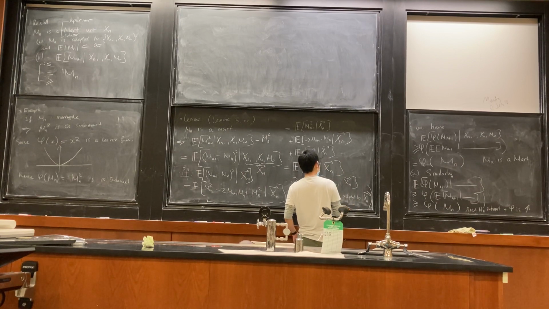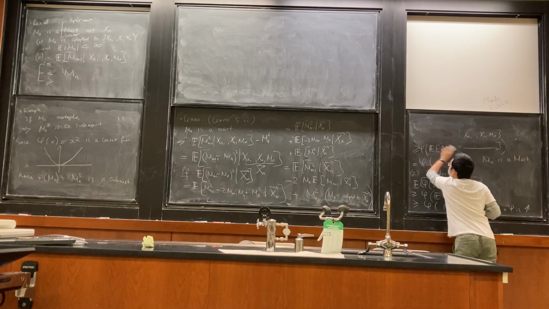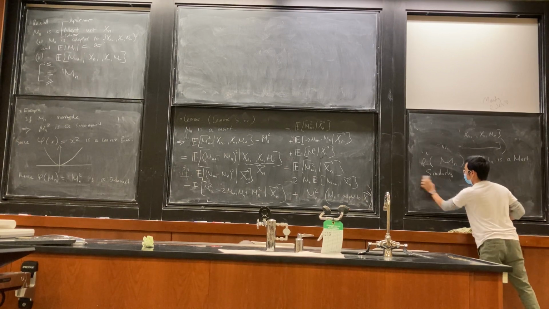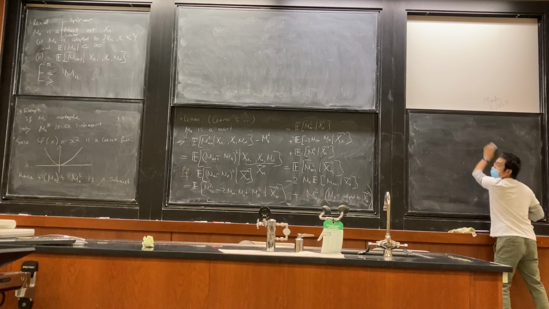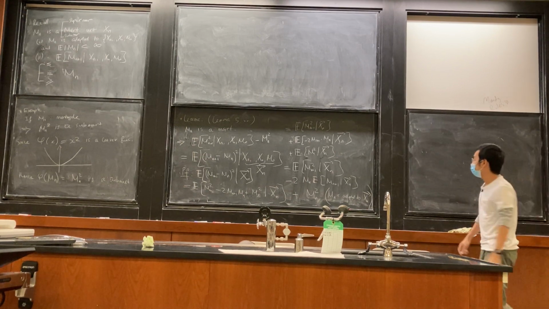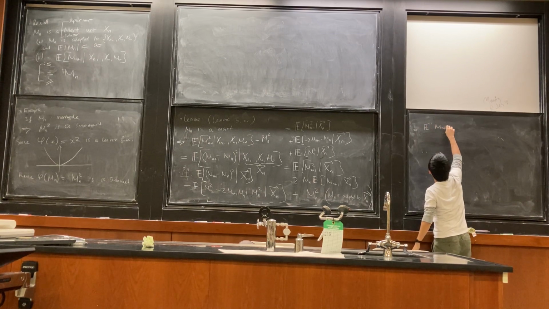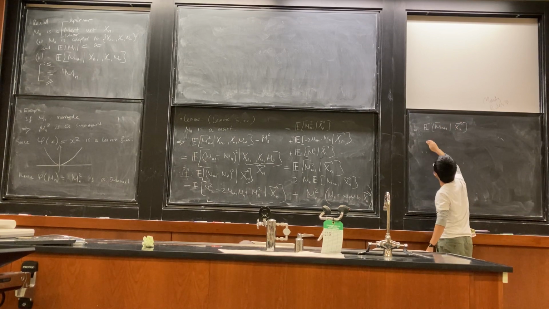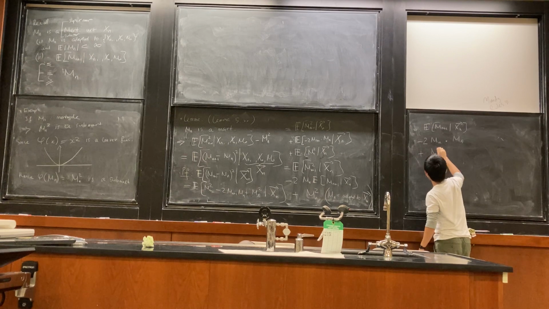So the expected value of Mn plus 1 conditioned on the past is Mn, and then you have minus 2 Mn times Mn, and then plus back Mn squared.